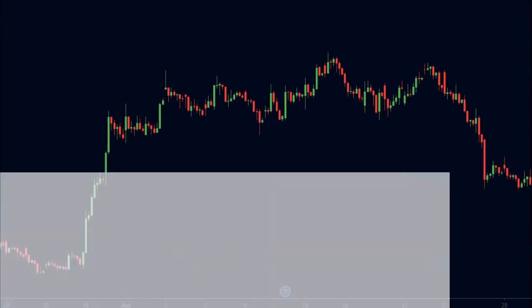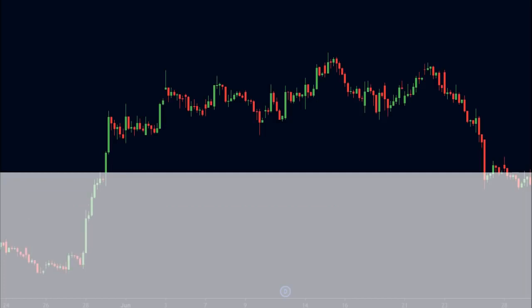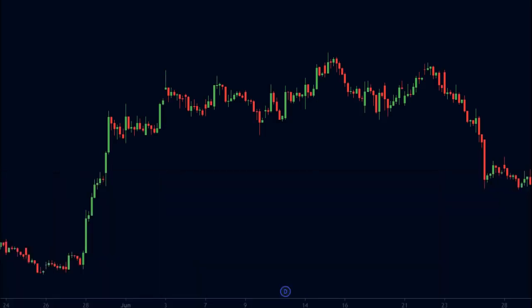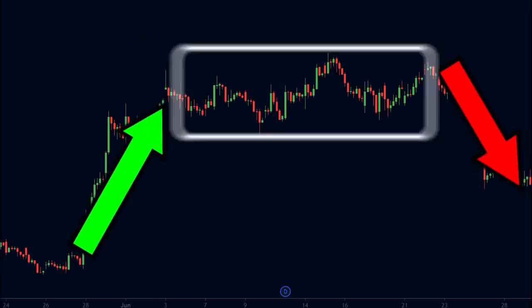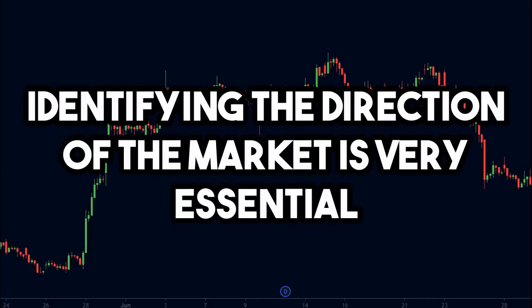As the name suggests, trend indicators are the indicators that help us in identifying the trend of the market. The market typically moves in three directions: upwards, downwards, and sideways. Trend indicators help us in identifying the direction of the market. Identifying the direction of the market is very essential.